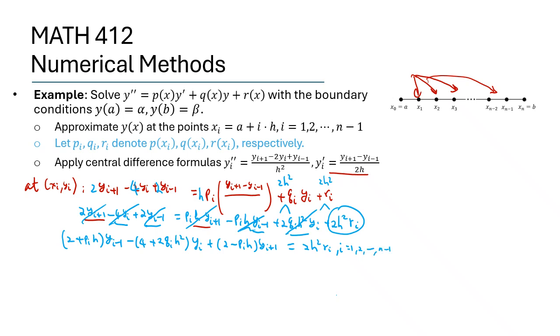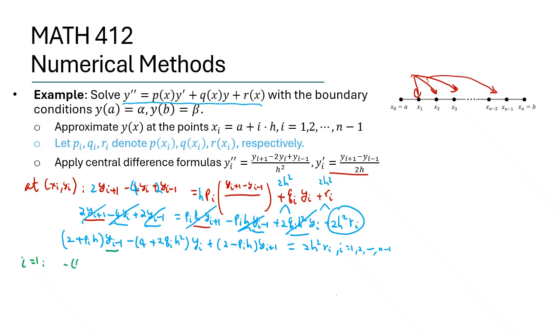Let's see how to apply the conditions, how to set up a system. In this case, it's a linear system because this is a linear differential equation. So let's see, when i is 1, what is this? y sub 0 is given, it's alpha. In that case, we move it to the other side.